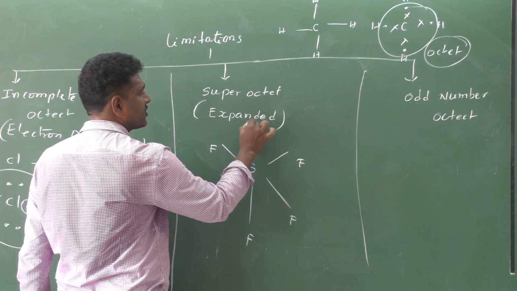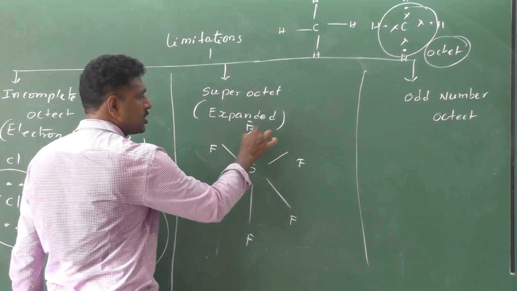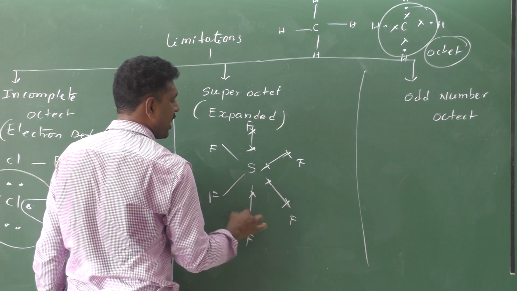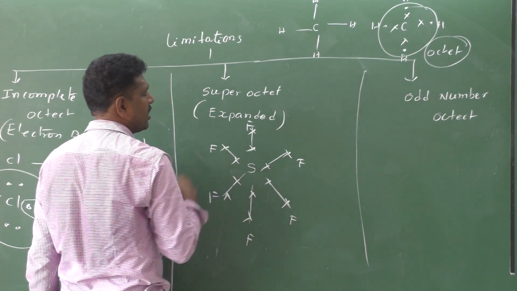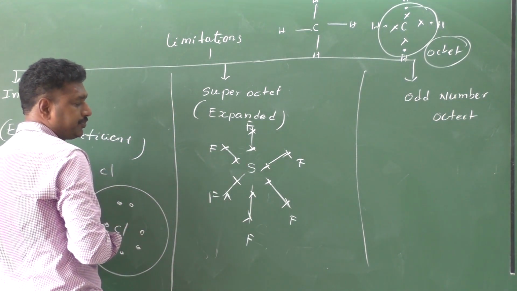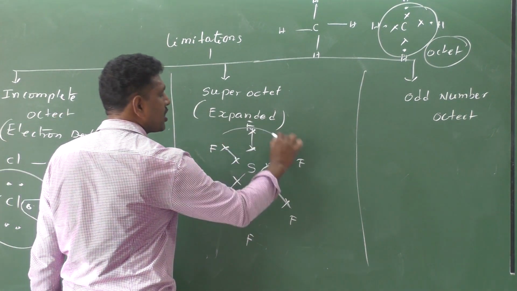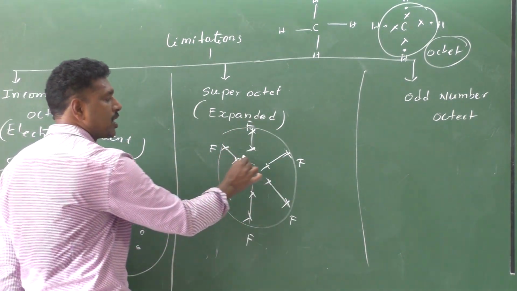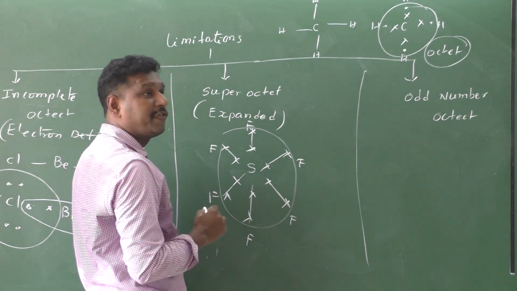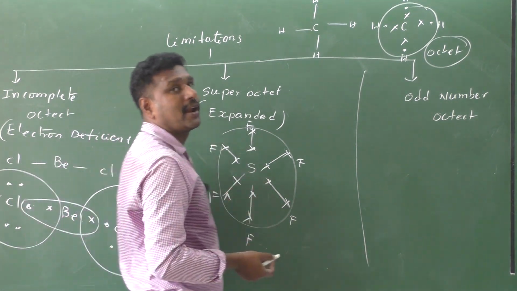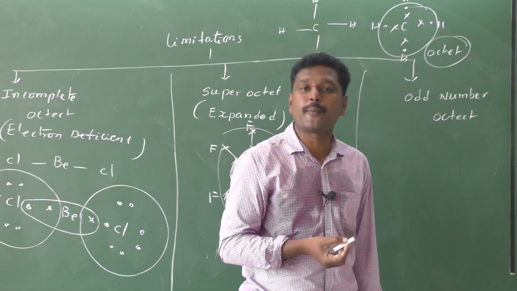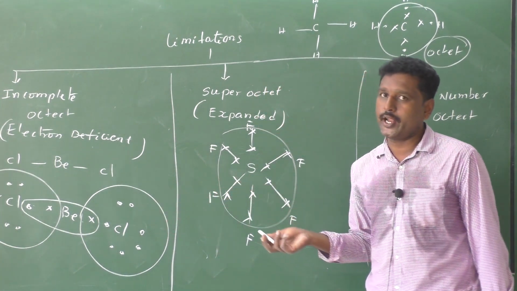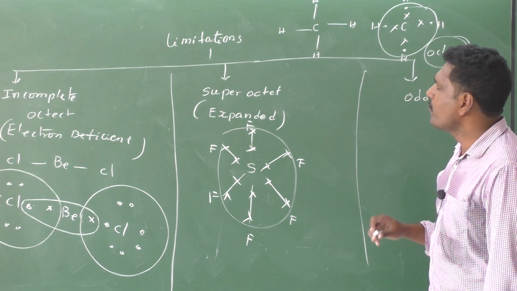Each bond equals 2 electrons, so 6 bonds give 12 electrons. Therefore it has more than 8 electrons, and it is an example of a super octet molecule.